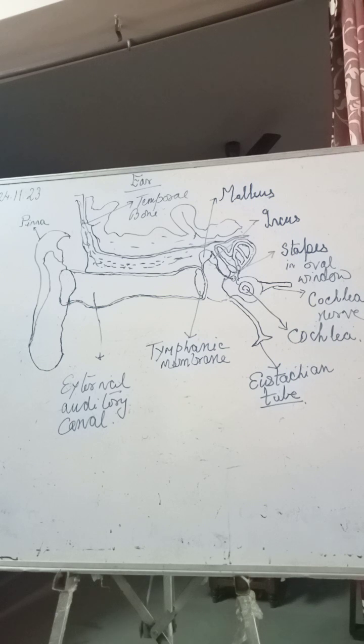The bony labyrinth is surrounded by a fluid called perilymph, and the membranous labyrinth is inside the bony labyrinth.